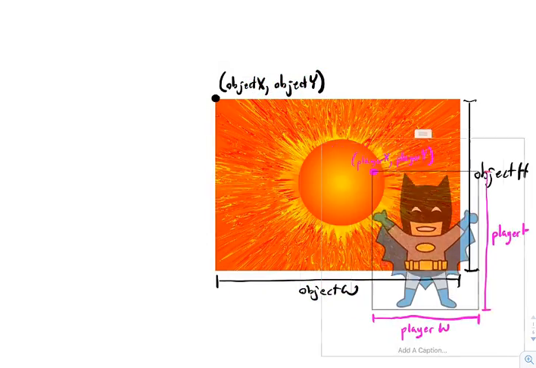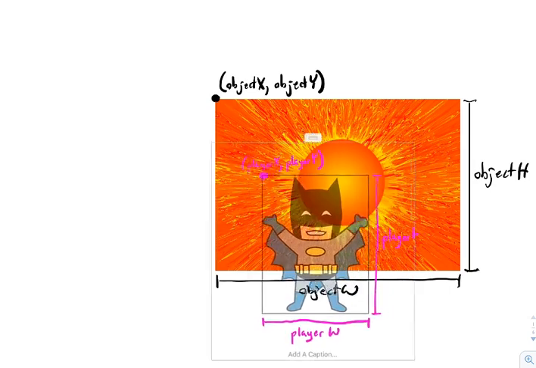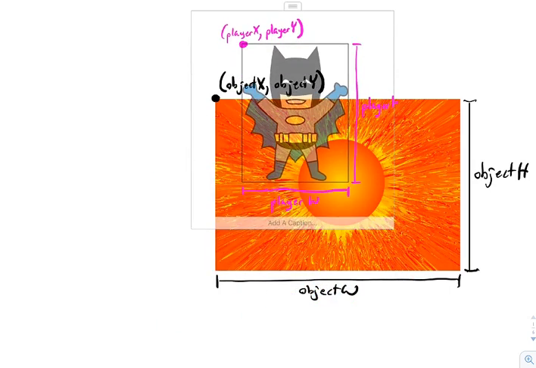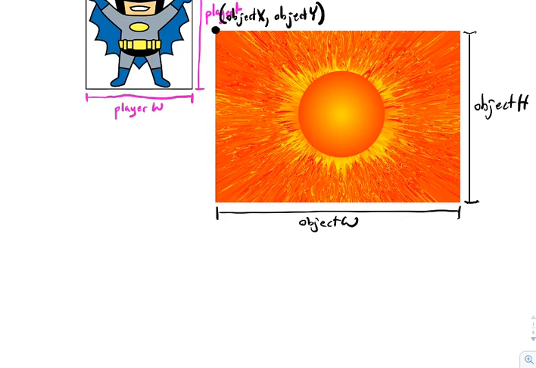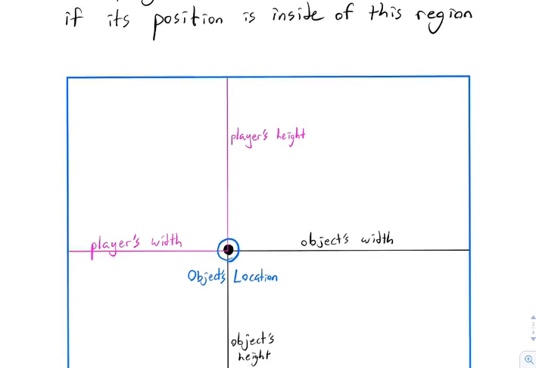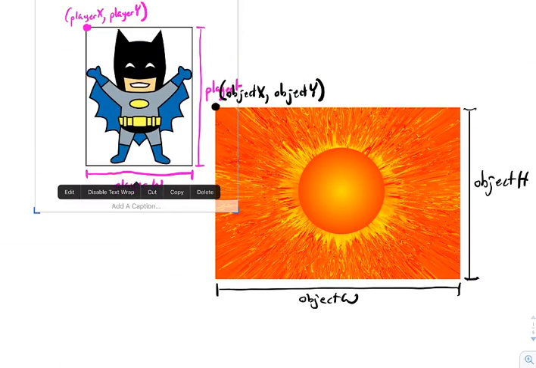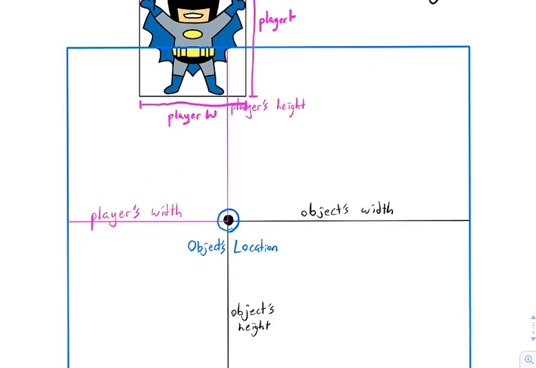So what we get is a rectangle where if the player's position is inside the object, or a little to the left, or a little above, then they overlap. To simplify that, going down, we have our player overlaps if, and again, I'll bring my Batman down here, this is going to be helpful for us.